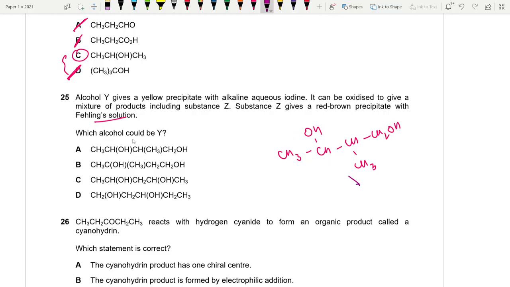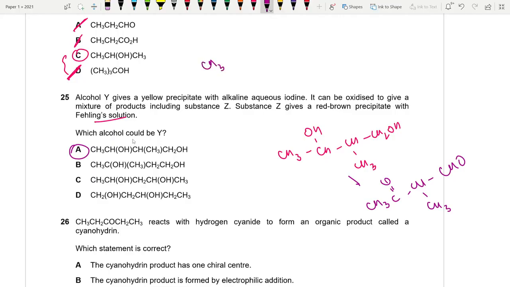When it's oxidized, it forms CH3CO, CH3, CHO first. Yeah, and this one looks good. It is oxidized to the aldehyde before the carboxylic acid, which does give a red brown precipitate, right? A is correct, okay? Why not B though?